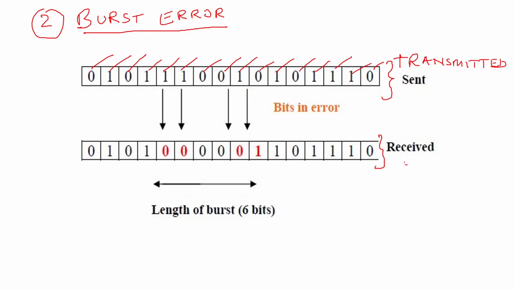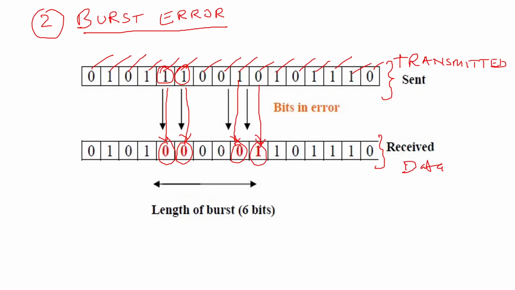After receiving it, you see that this one has been received as 0, then this one has been received as 0, then this one has been received as 0, and this 0 has been received as 1.